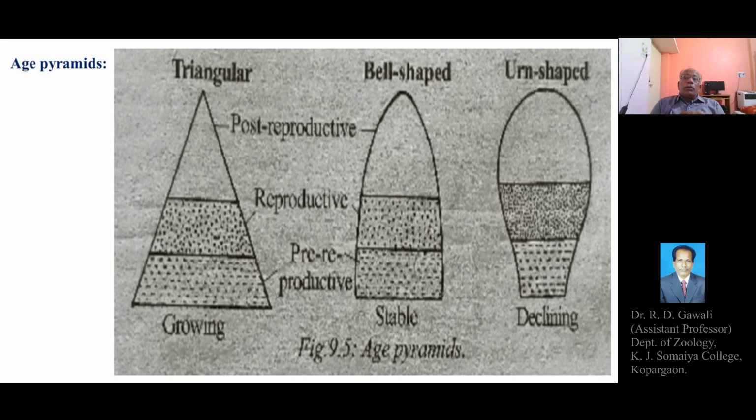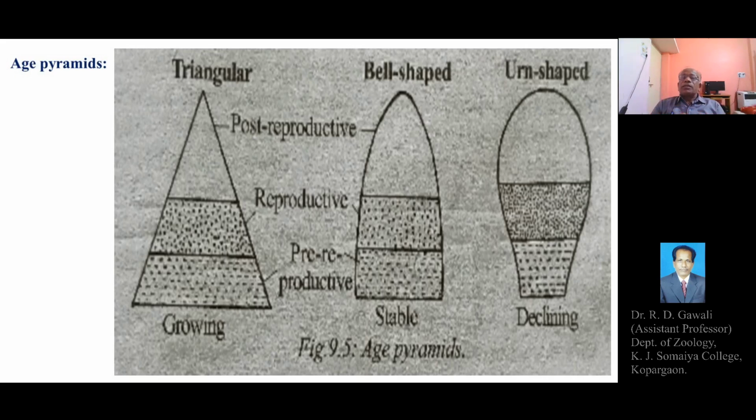So in the first type of age pyramid, that is the triangular age pyramid, the individuals of pre-reproductive and reproductive age groups are more in number, indicating that the population is growing.